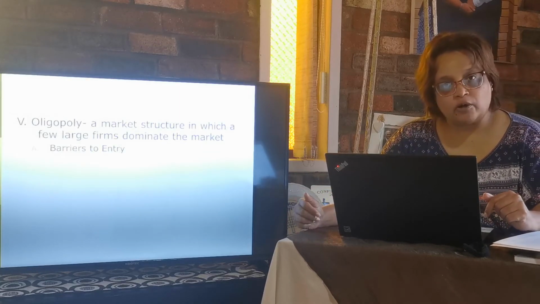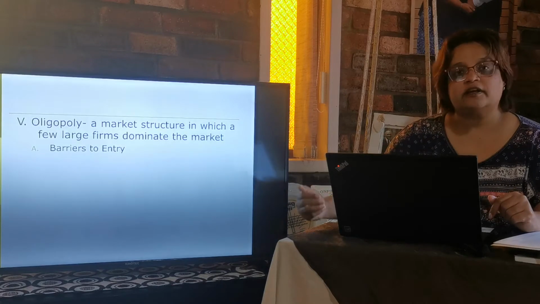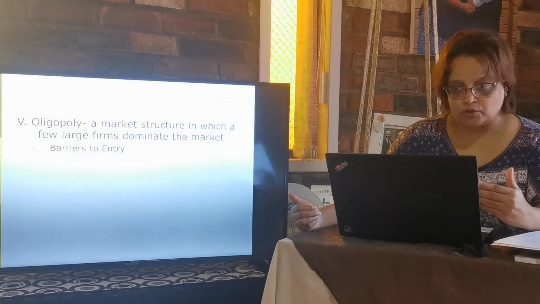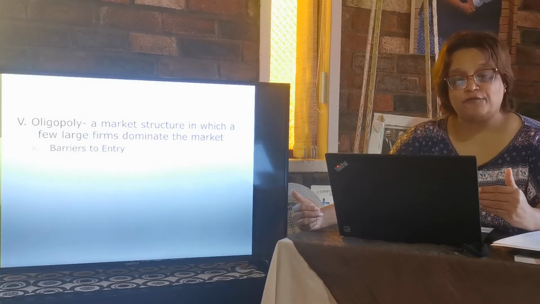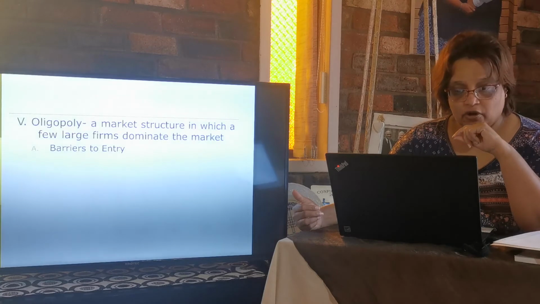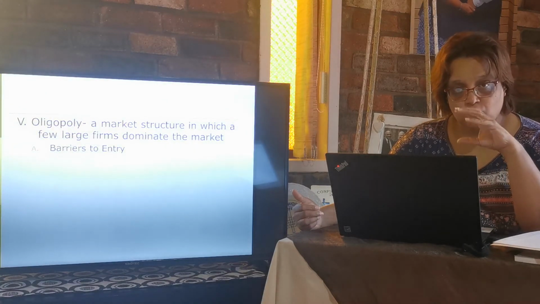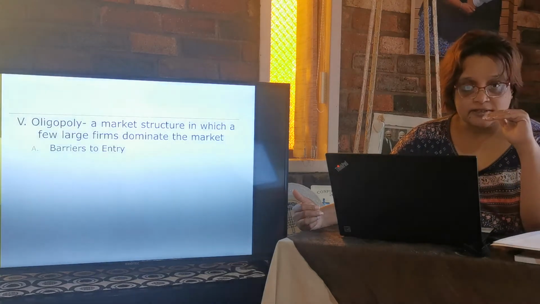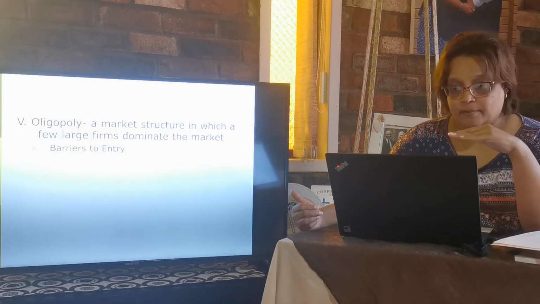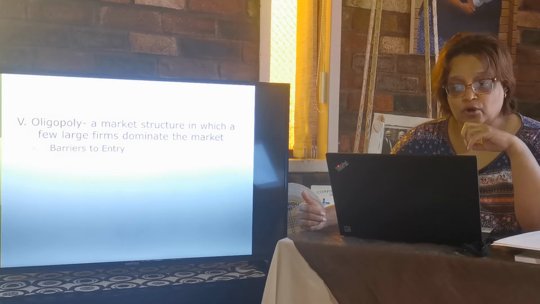And then we're going into oligopoly. You will see it's not even given a section by itself, because this is a market structure where a few large firms dominate the market. A few large firms. With monopolistic competition, there were many firms, right? But with an oligopoly, there are a few large firms.